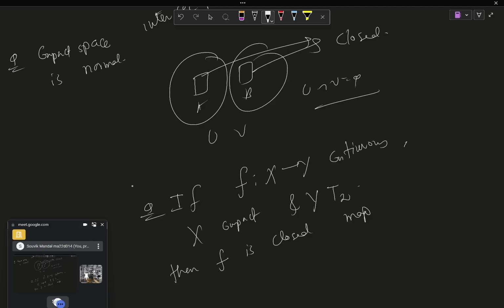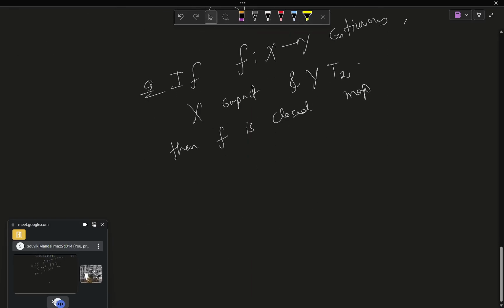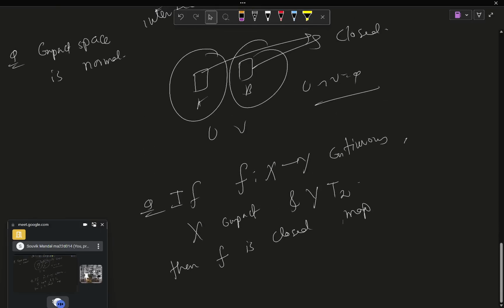So this is one thing which is quite important today. And also do note one thing, that this second question depends on the first question.